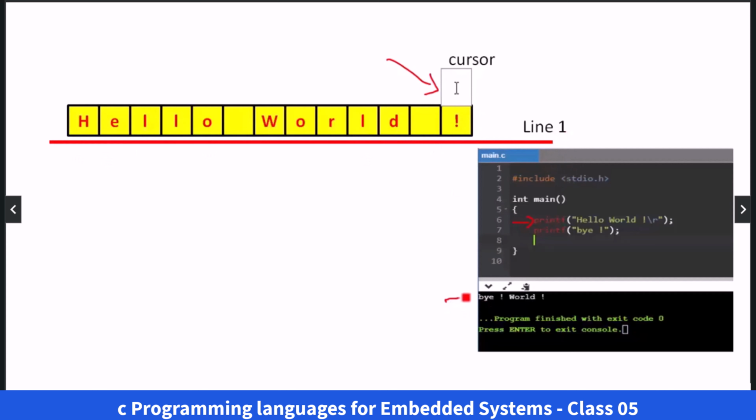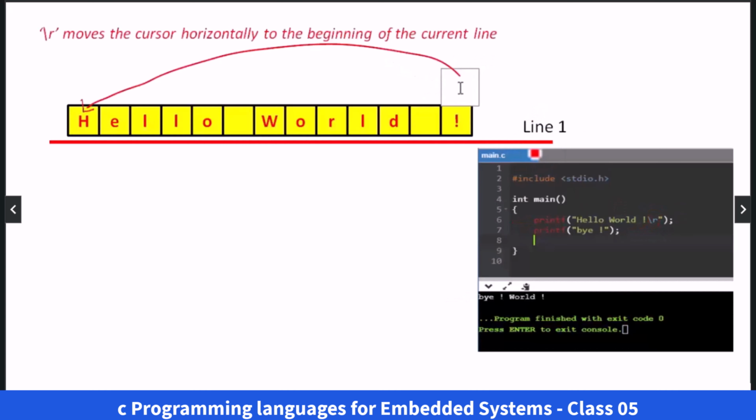After that there is a \r, so when printf encounters \r, the cursor is moved to the beginning of the current line.